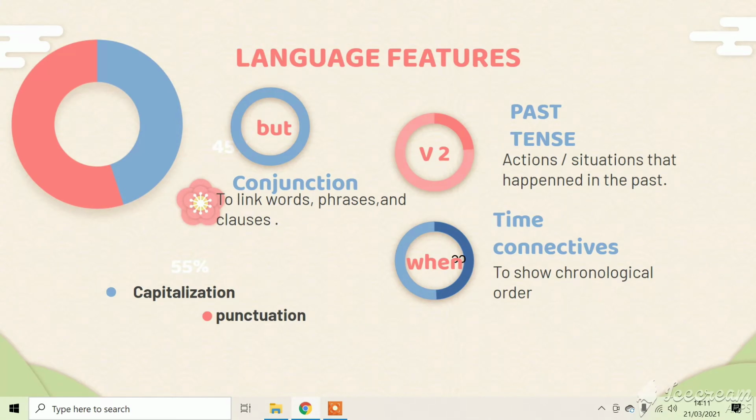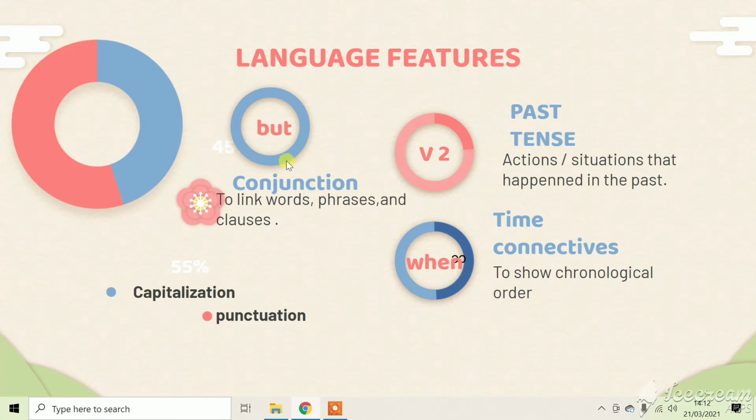For example, as Soekarno proclaimed the independence, it is called a time connective. So we have to use time connectives to connect one phrase to another phrase, or one clause to another clause.